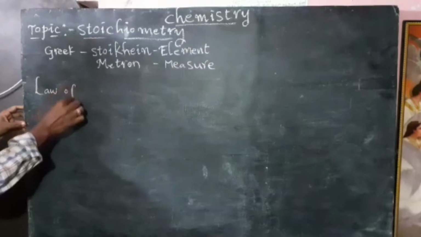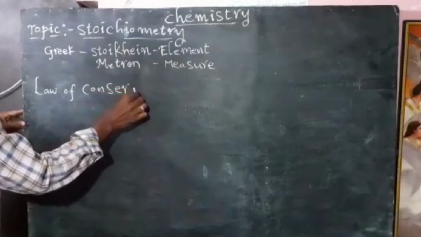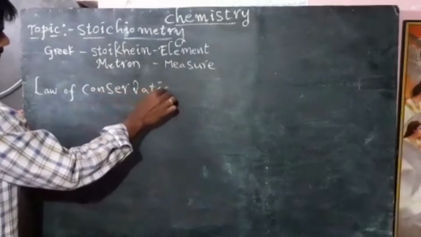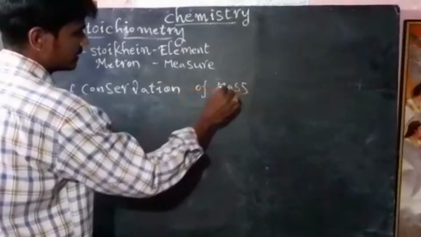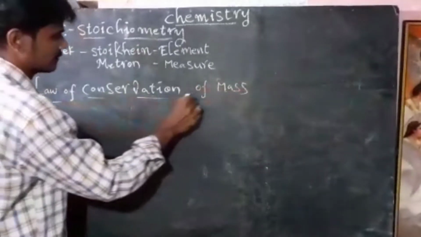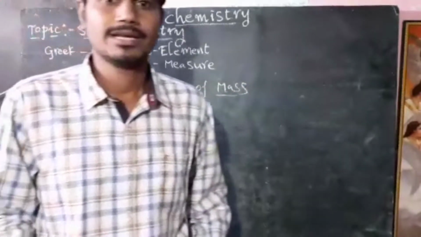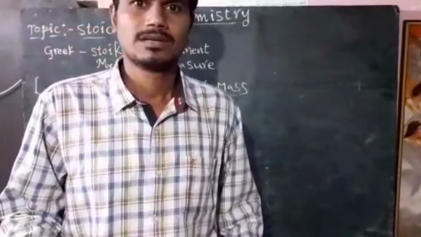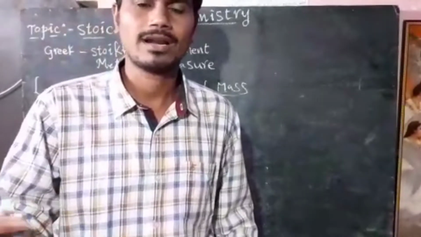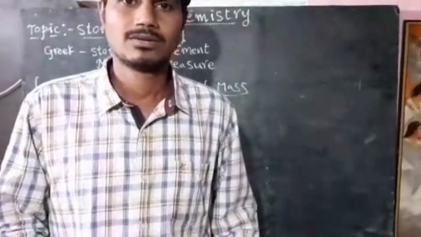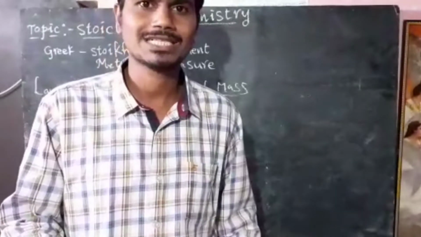According to the law of conservation of mass proposed by Lavoisier, when a reaction takes place, the mass of the reactants and products is always the same before and after the chemical reaction.